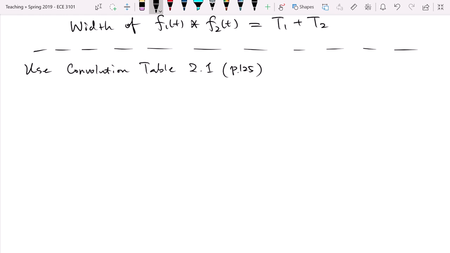So that being said, let's look at an example. I'll illustrate how we can use it directly. Let's say I have an LTI system, and this LTI system has h of t given by e to the negative 3t u of t.